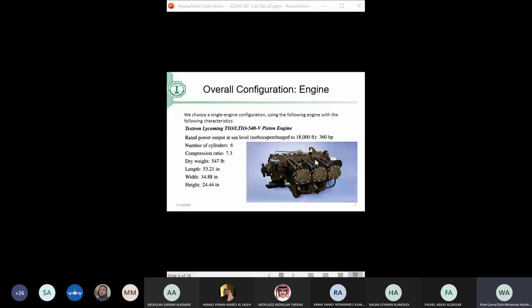So once you and your team agree on the engine, you have to justify why you picked this engine. So here it is. For this example, we pick this because for the 360, I can account for the 2 horsepower missing by extending the wing slightly, and that will improve the aerodynamics a little bit, allowing for 360 horsepower. Also, for the change in the altitude, I can live with that, because remember the 362 was for the rate of climb.